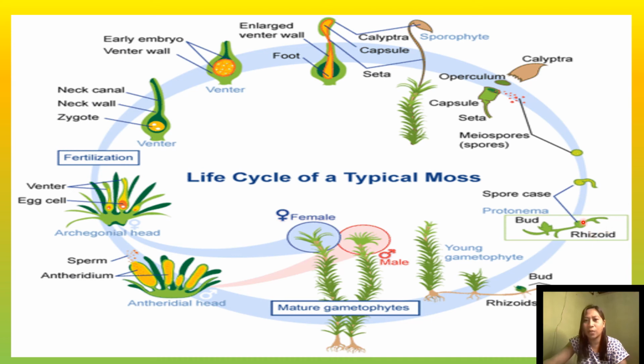Then it has rhizoids. What are these rhizoids? These are roots. It will anchor the new developing bud into the ground. Okay, so ito yung mag-aangkla doon sa panibagong moss na tumutubo sa kung saan nahulog yung moss. Okay. So, these spores can be blown by the wind, or they will fall into moist places.